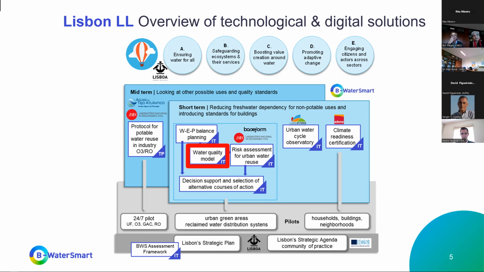Yesterday again we had the risk assessment tool for urban non-potable uses, and today we will be having the water quality model, and all of them are to be ultimately integrated in a decision support and selection of alternative courses of action, which is tool 17.